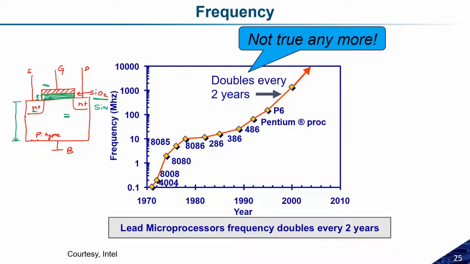So CGS, the gate to source capacitance, drain to source capacitance, gate to drain capacitance, all those capacitances depend on the doping and other things. So if we change the property of the material without scaling the devices, we can still change the operating frequency. So operating frequency depends on many things.